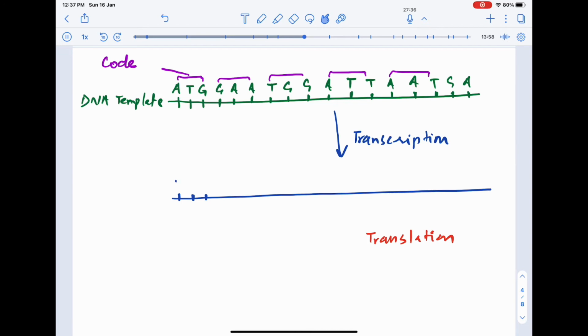Against A, it has U. Against T, it has an A. And against G, it has C here. So this complementary sequence to the code on the DNA molecule is known as a codon.